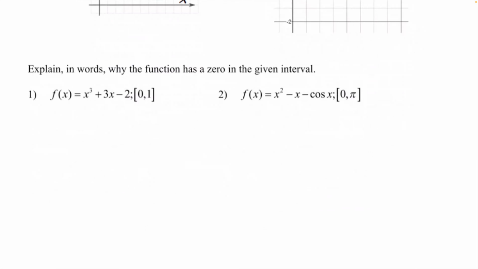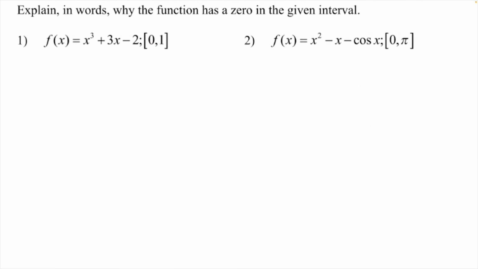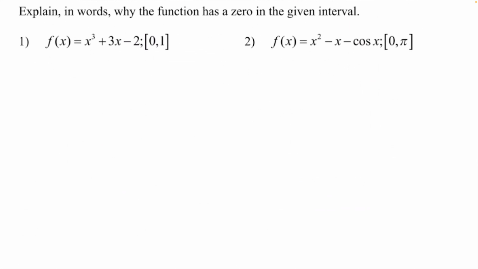Let's try example 1 for that. So the function is f of x, this is the function here. The interval is from 0 to 1, so a really tiny little interval. So what they're asking is, does it have a 0 in between there?